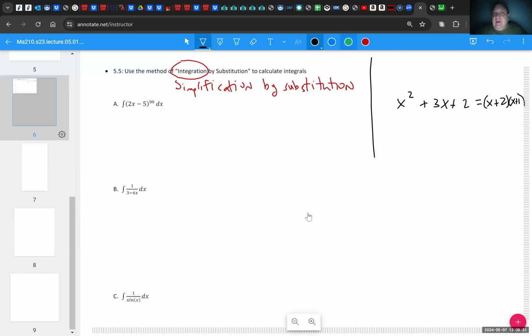But then you ended up with some trig functions, and you had perhaps sine of theta squared plus 3 sine of theta plus 2. And we're asked to factor that thing.